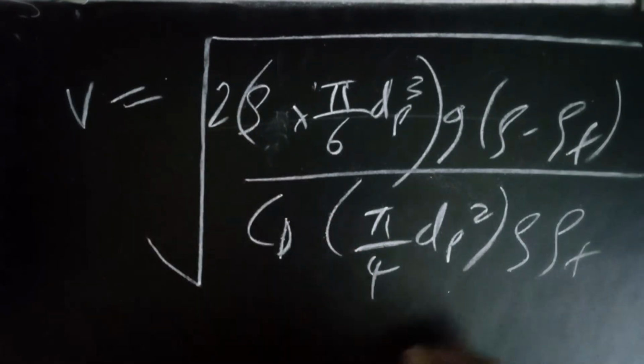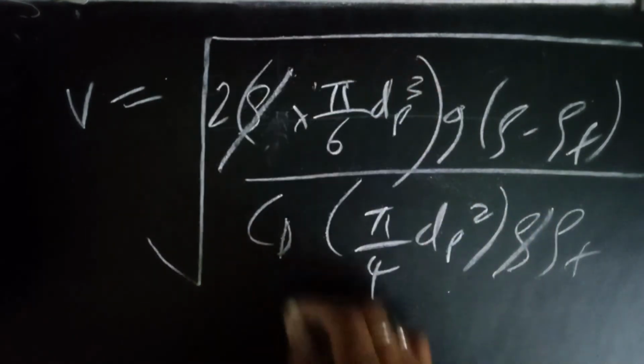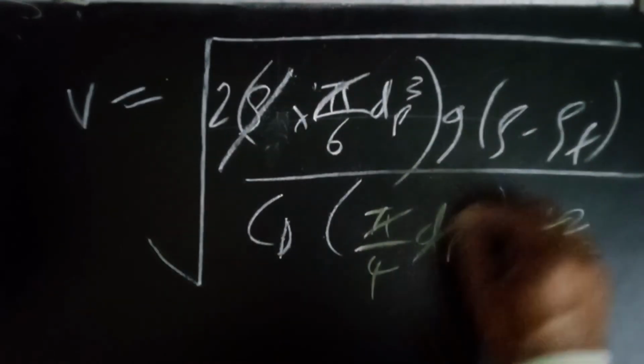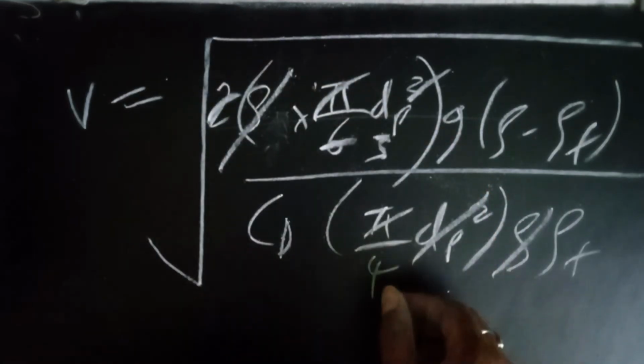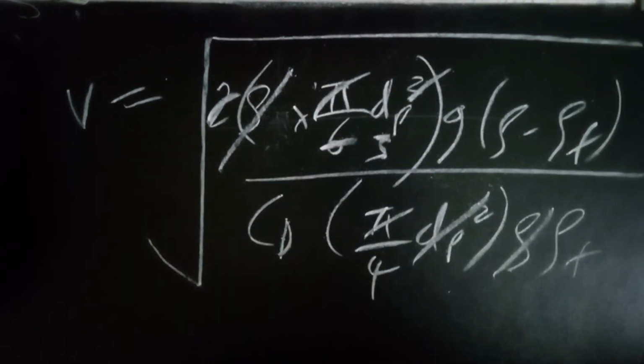So rho of particle, rho will cancel out, pi cancel out, dp square dp cancel out, and 4 by 6, so this will be 1 upon 3. So ultimately 4 upon 3 would come.